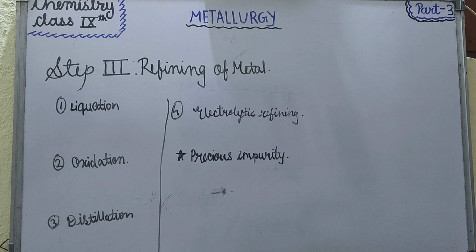Then we use calcination and roasting. We end up with metal oxide, then crude metal by reduction, electrolytic reduction, chemical reduction and thermal decomposition. Crude metal to pure metal we get by refining: distillation, poling, liquefaction and electrolysis. Poling, or we can say oxidation.